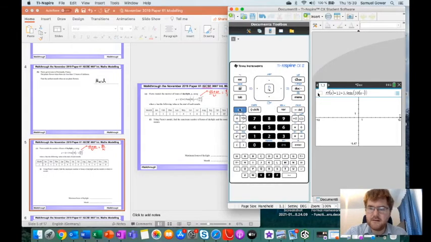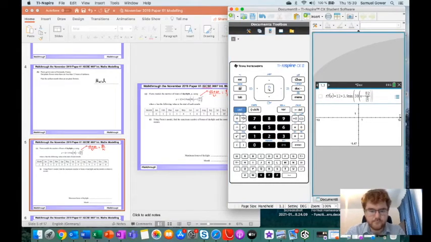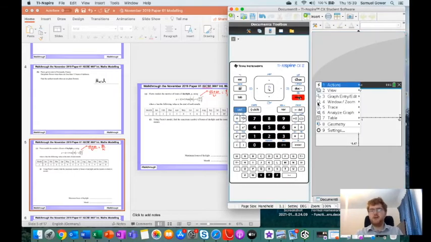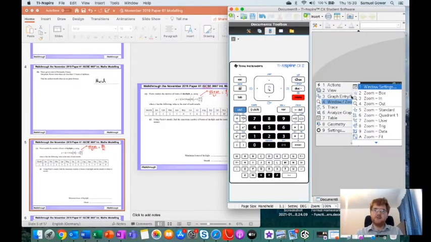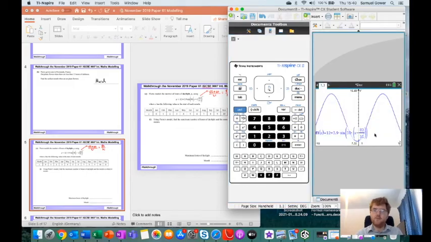So let's get the calculator. We're going to create a fraction, like so, and then we're going to add on some brackets, hopefully not too many brackets. We press enter, and we don't see a graph. And we go, we panic in the exam. But not to panic, there is a great function on the TI-Nspire. We can press menu, window zoom, and zoom fit, and it will find the graph for you, which is very, very useful.